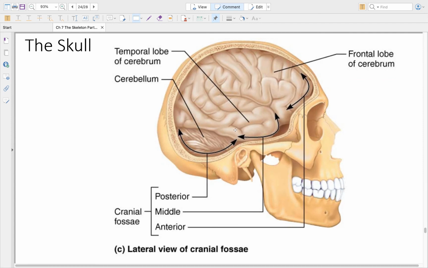And then you can see the temporal lobe, which is right there, is going to be connected to the temporal bone. You can see the occipital lobe there, and really the bottom of the brain right there, the cerebellum, is going to be in contact with that cranial fossa.